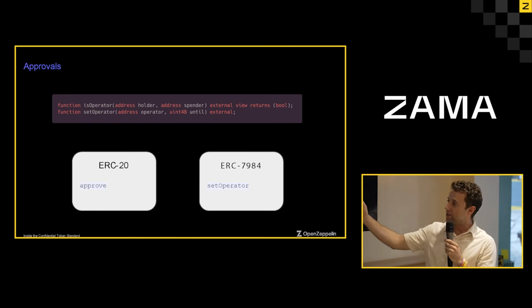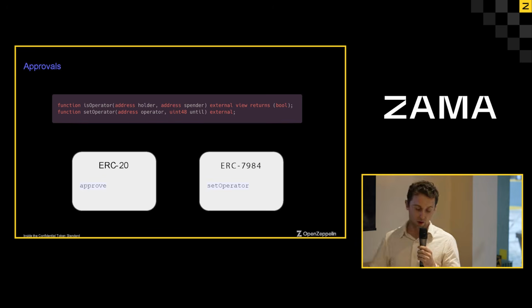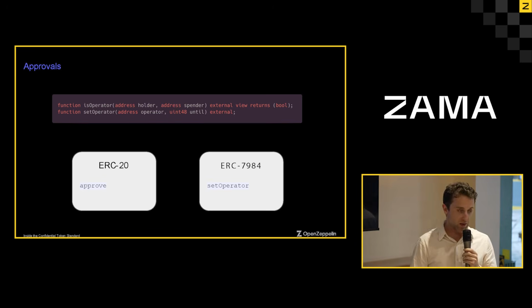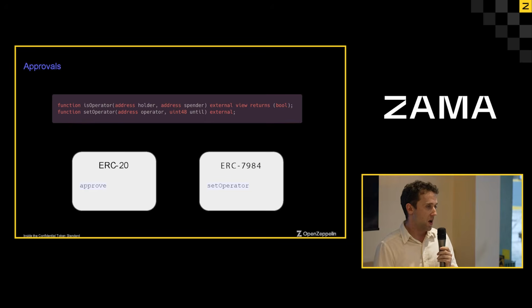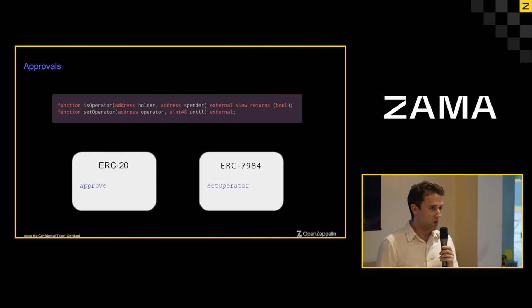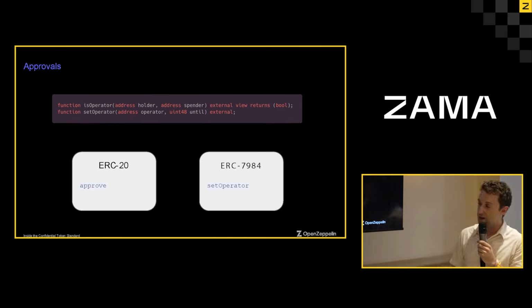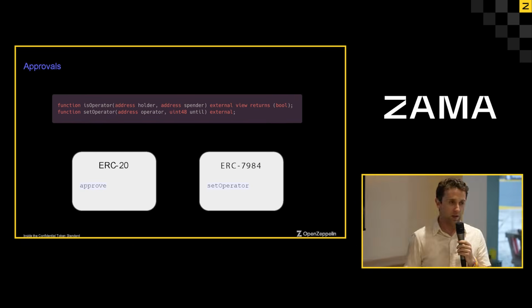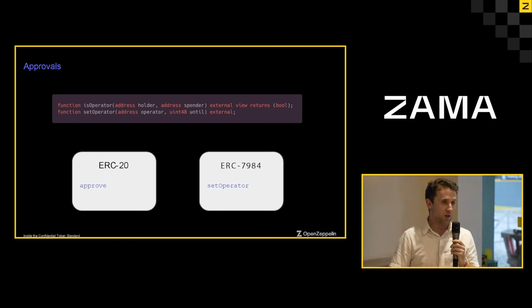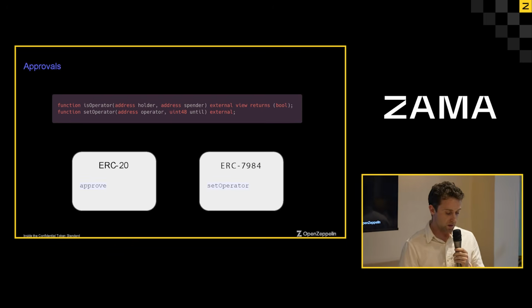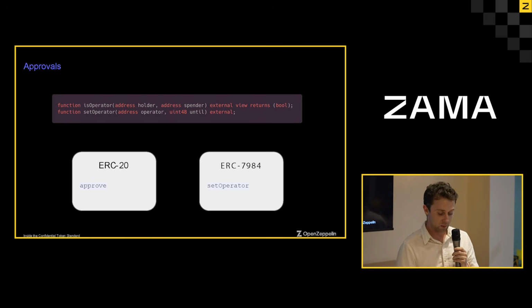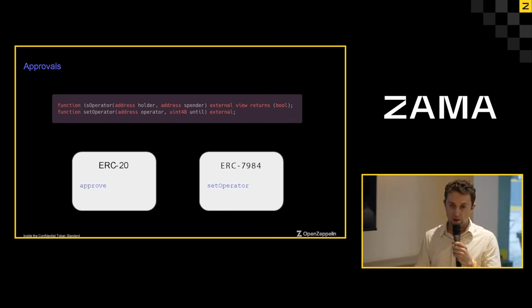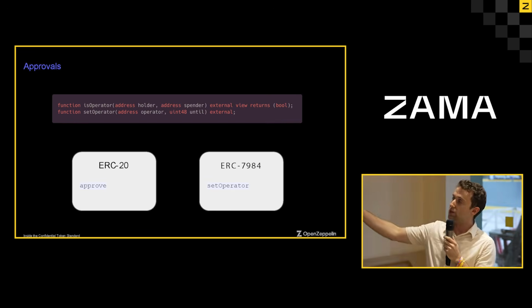You can approve based on the specific token ID, or you can set approval for all. 6909, which is an evolution of 1155, another multi-token, semi-fungible token standard, has, again, both approve and set operator. So you can set based on specific amounts, or you can give all your approval to one, infinite approval.